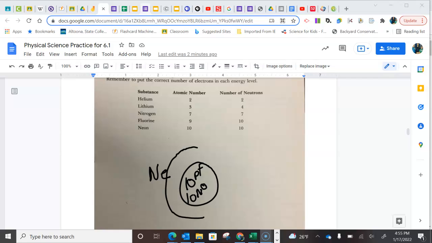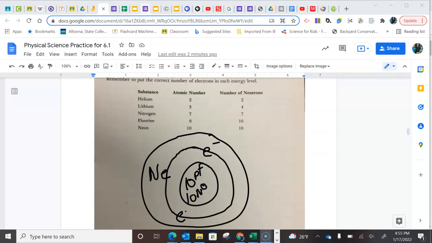So the first electron shell only holds 2. How many in the second? Well, you need to get to 10, so you need 8 more. 1, 2, 3, 4, 5, 6, 7, 8.